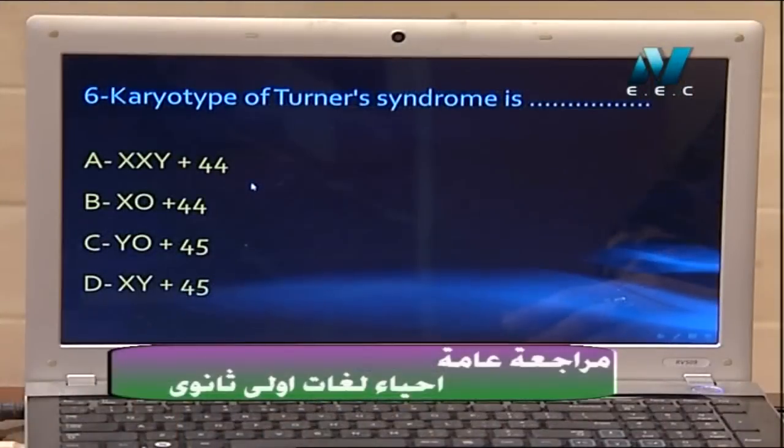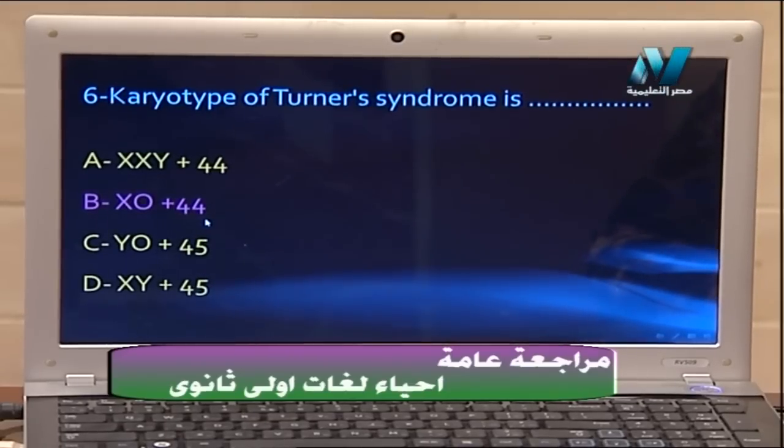When you look to the question, we have 4 choices: 44 plus XY, 44 plus X0, 45 plus Y0, and 45 plus XY. Of course, the correct answer will be 44 plus X0. The total number here will be 45.